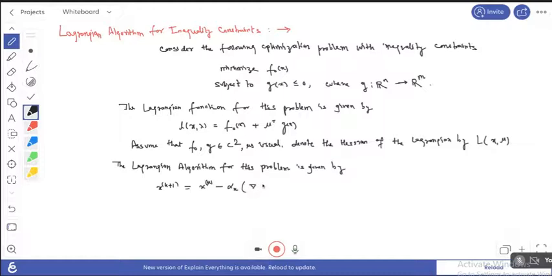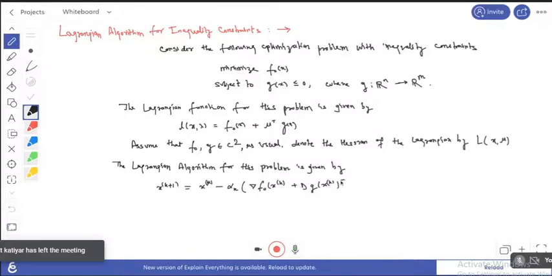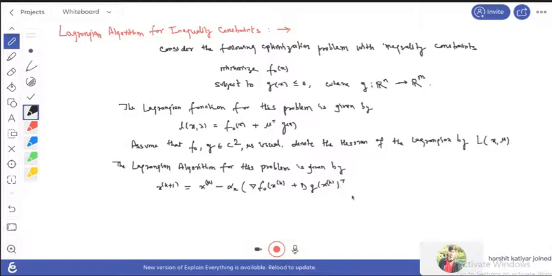So the gradient of f naught at xk plus the derivative of g at point xk, and here we take the transpose, because you multiply this to this. Okay, so now what is the value of mu k plus 1?